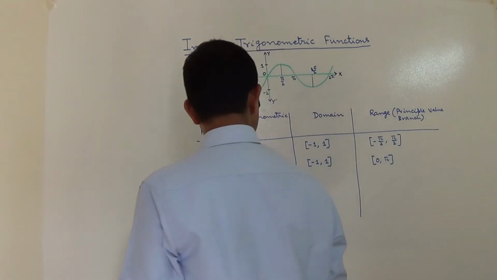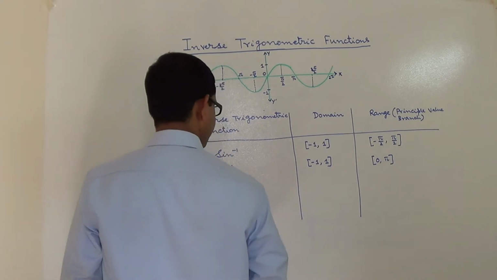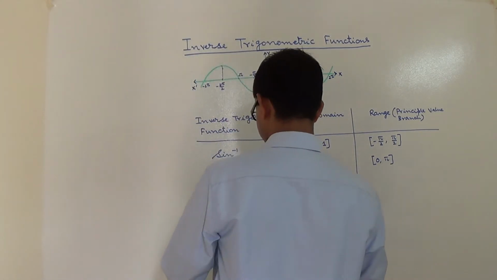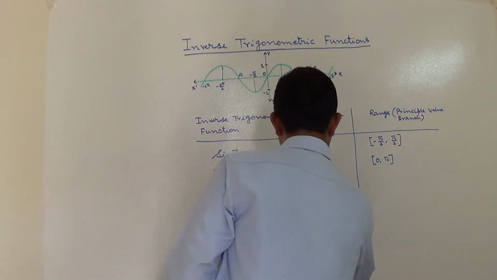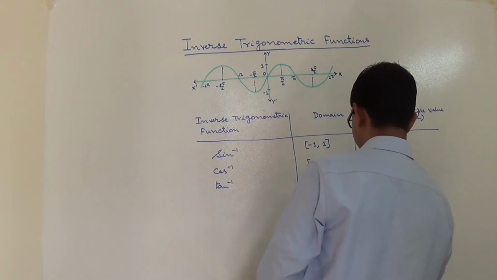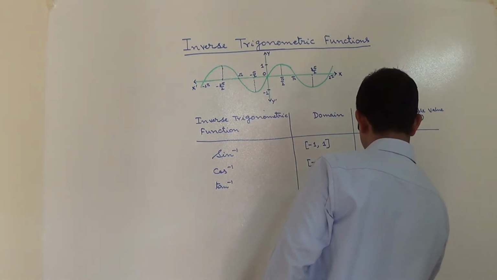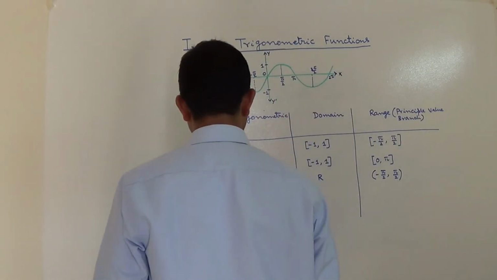The function tan inverse: the domain of the function tan inverse is any real number, or the set of real numbers, and its range is the open interval -π/2 to π/2.